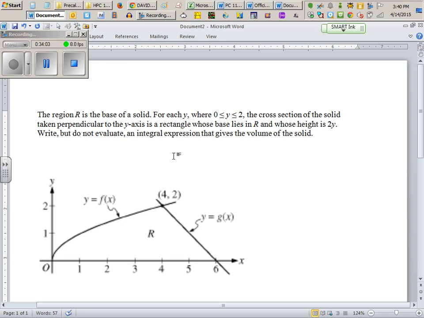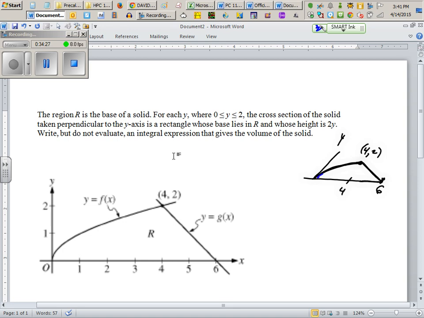So I'm going to try to draw this sort of from the side view. Here's your y-axis and your x-axis. Here's your curve. This is the point 4, 2. Sort of drawing this in a 3D fashion. And then there's a line like this, nice straight line that goes to 6.